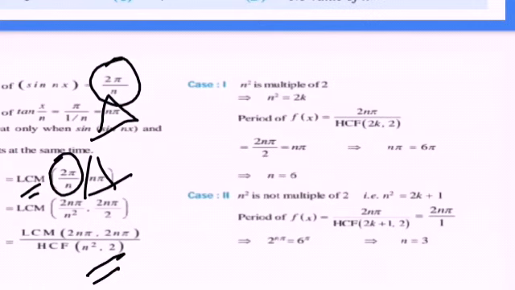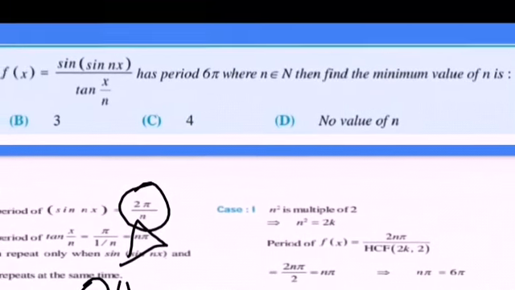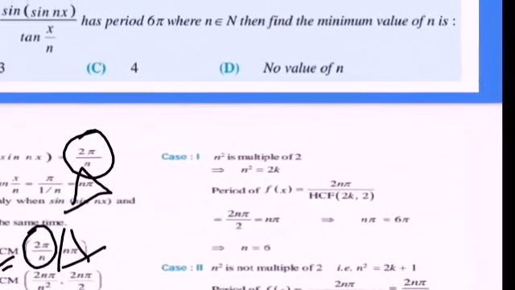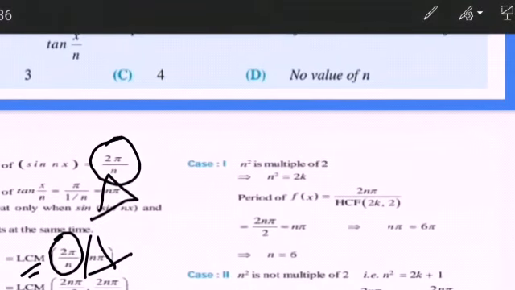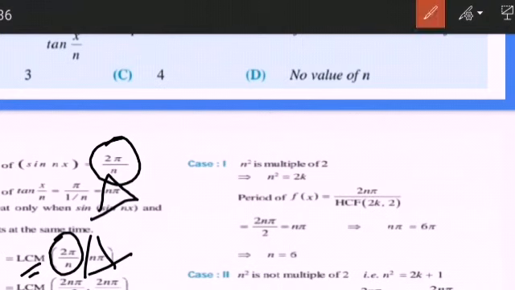Case 1, that is n square is a multiple of 2. So let's say n square is equal to 2k. Substitute n square as 2k over here.